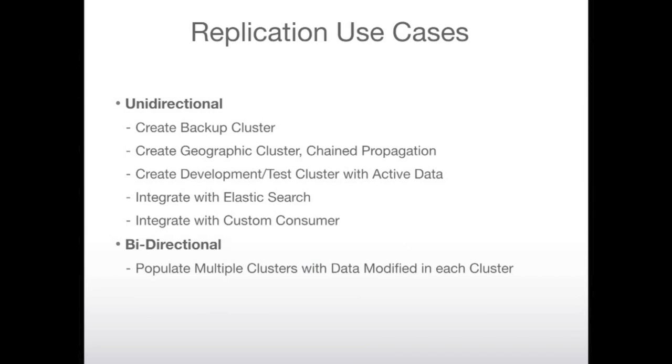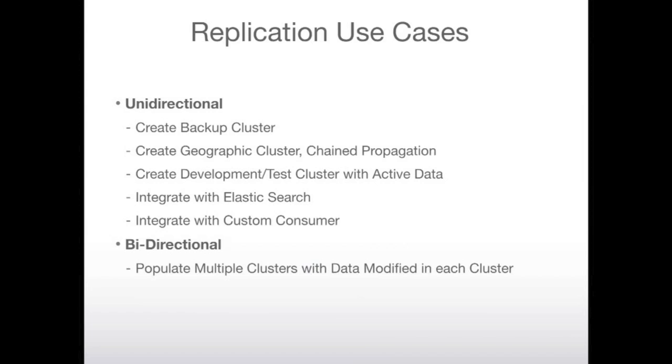Some people use unidirectional replication to create development clusters where they can work with actual data during development, but not affect the production cluster. That's also a use case we find people do, for testing and development with actual data.